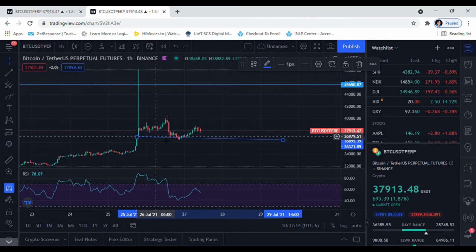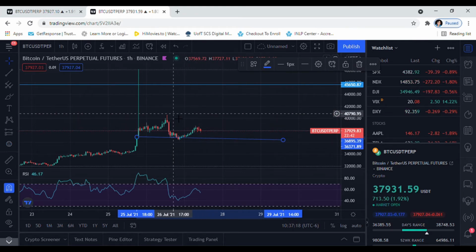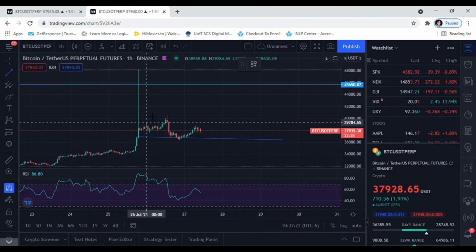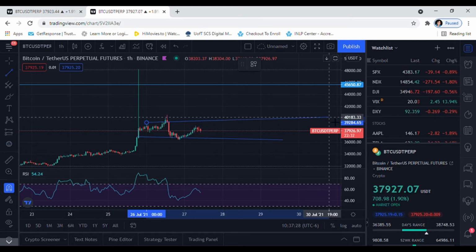You can see it comes down to this price and then it starts going up. Now resistance is the price where it's getting rejected. It's finding a hard time to go over that price. That's the resistance.